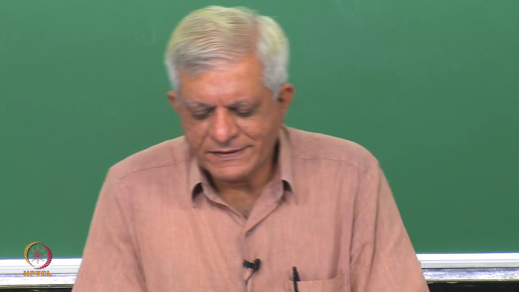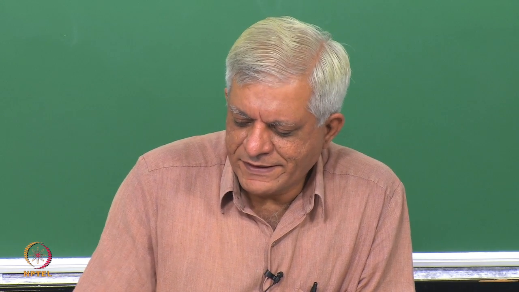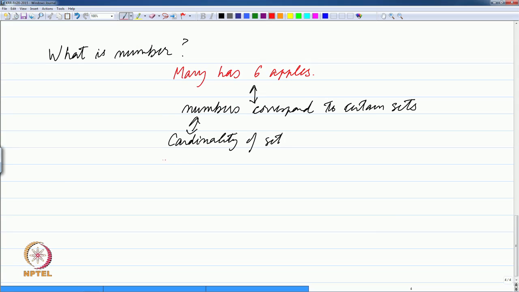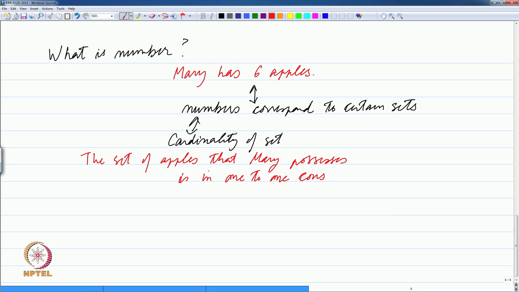cardinalities of sets. And when we say that Mary has 6 apples, we are saying that the set of apples that Mary possesses is in 1-to-1 correspondence with a set which I will call 6.